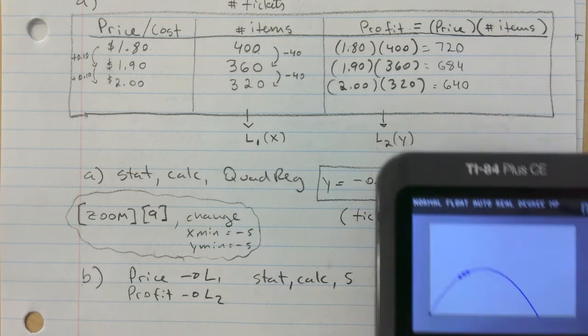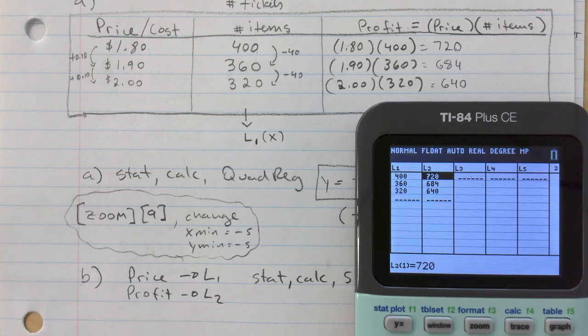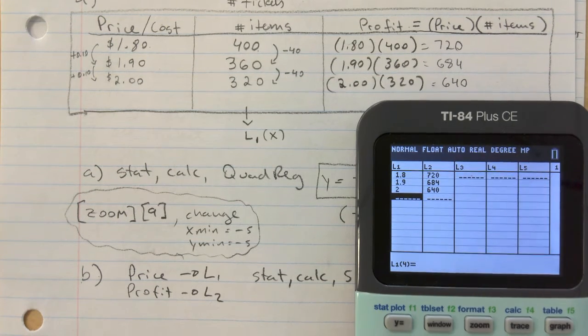So grab your calculator. The profit stays the same, right? L2 stays the same, we have to change L1. So go stat, enter, go to L1, clear what's in there, and just go 180, 190, and $2.